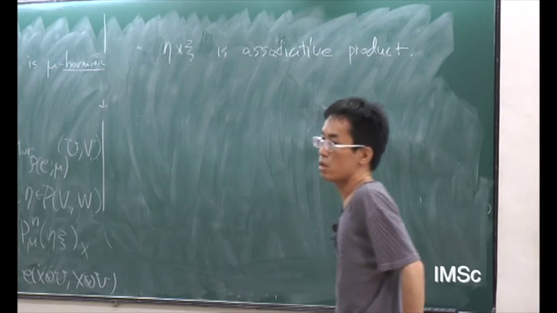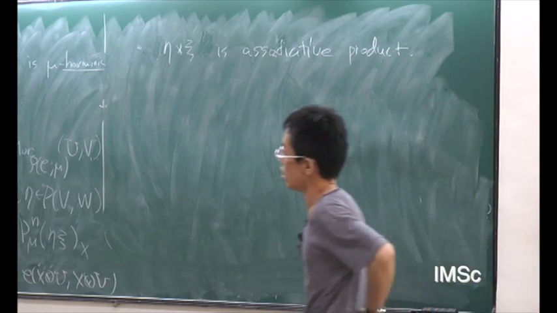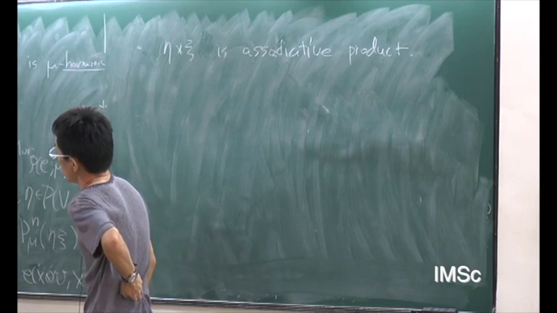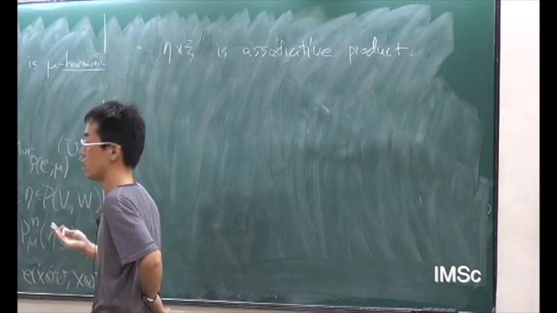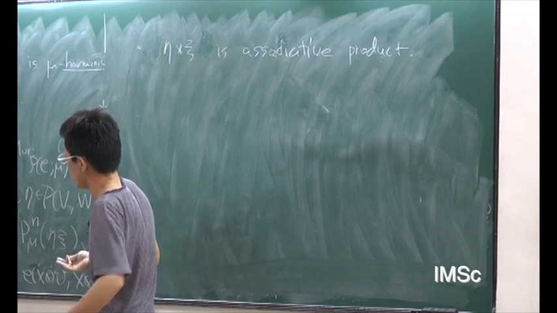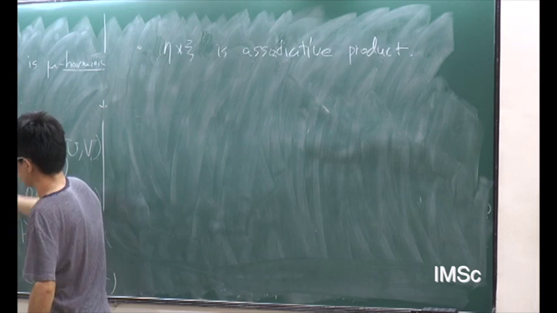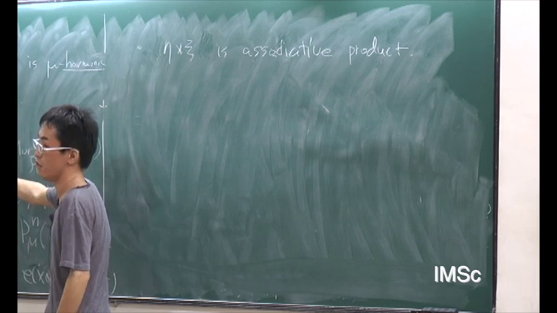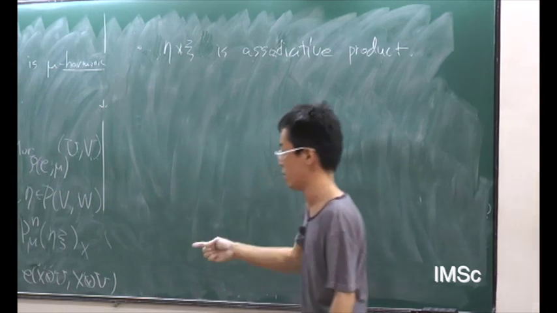So you can define a new category by saying that you start from the objects in the original category C, and the morphisms in the new category are this PUB, but the composition is given by this new product.